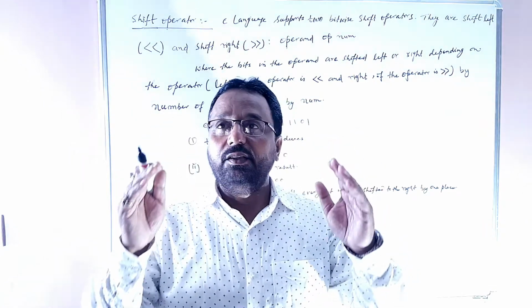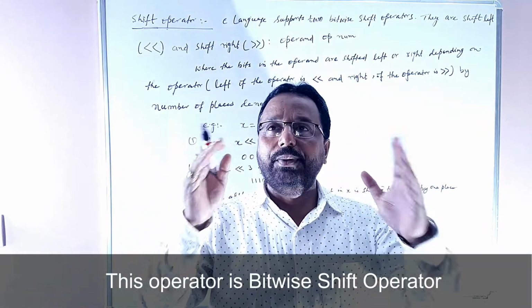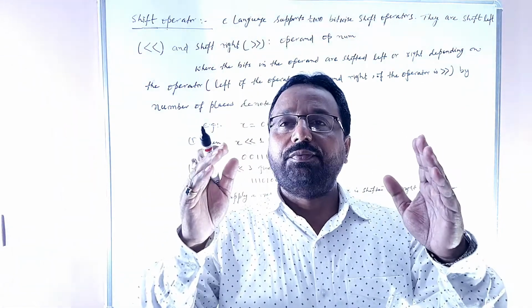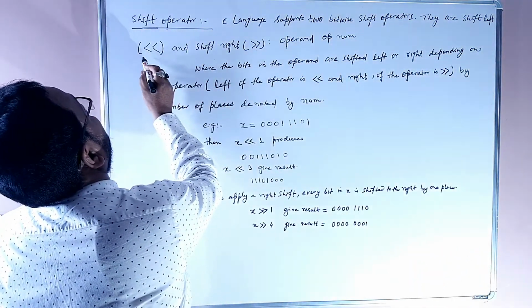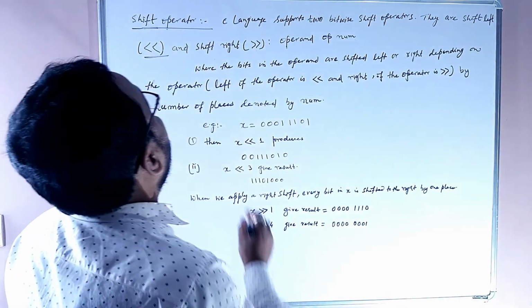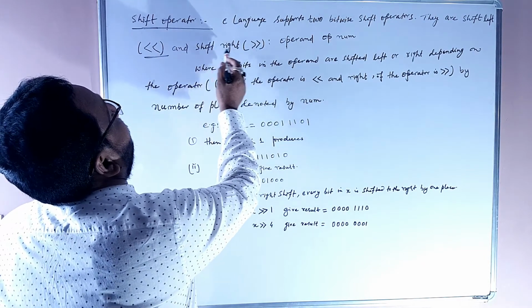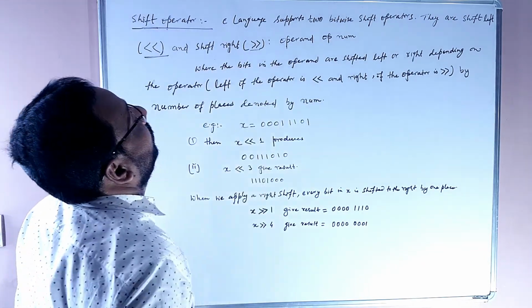Shift operator. The C language supports bitwise shift operators. They are shift left and shift right. This is the sign of left shift, and this is the sign of shift right.